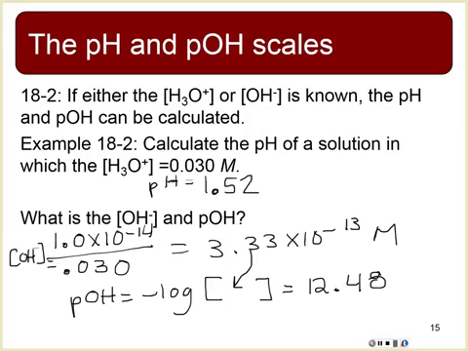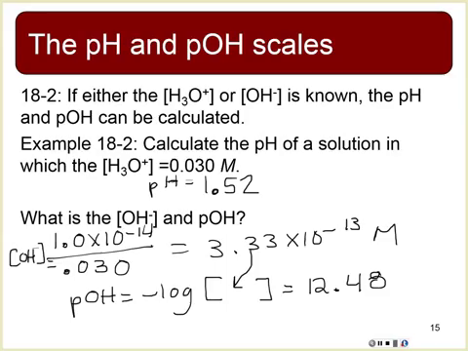If you wanted to, and you'll find with these problems, especially with your homework, and we'll go through one, that sometimes there's more than one way to get to the answer. So you could have also just said, well, if my pH is 1.52, and I know the two added together has to be 14, then 14 minus 1.52 gives you 12.48, right?